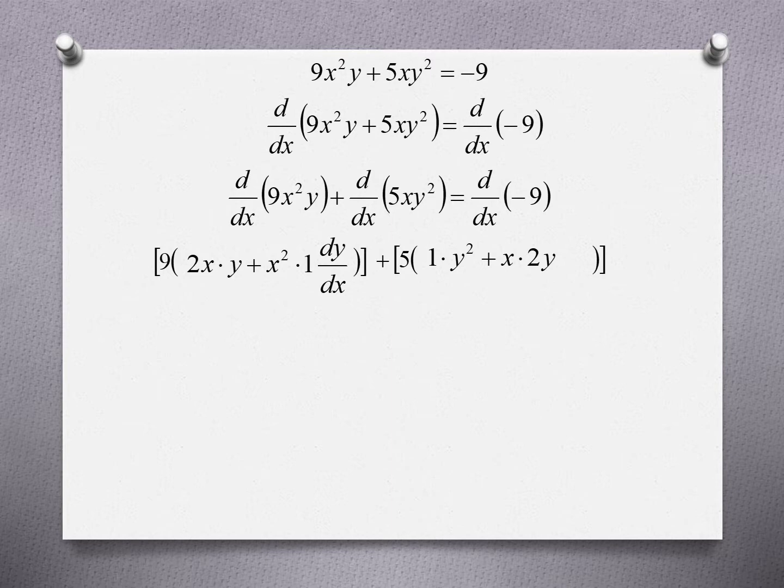My y squared just sits there because that's how we operate with the product rule. Then the x just sits there, it doesn't get differentiated, and the y squared gets differentiated. But I'm talking about with respect to x, so I need to indicate that and call that 2y dy over dx.